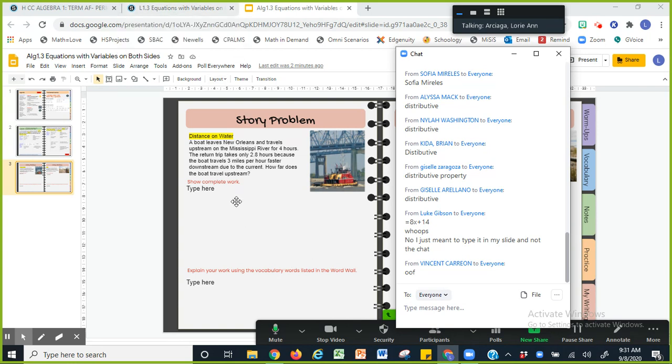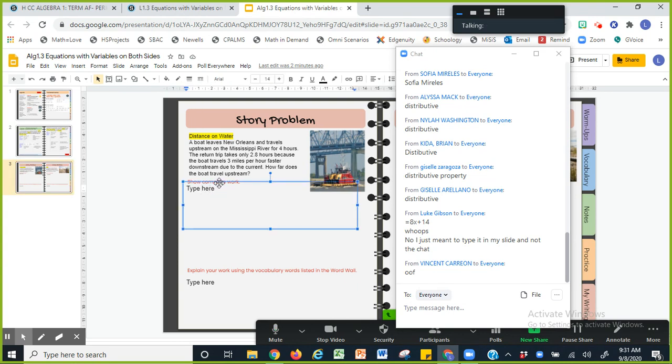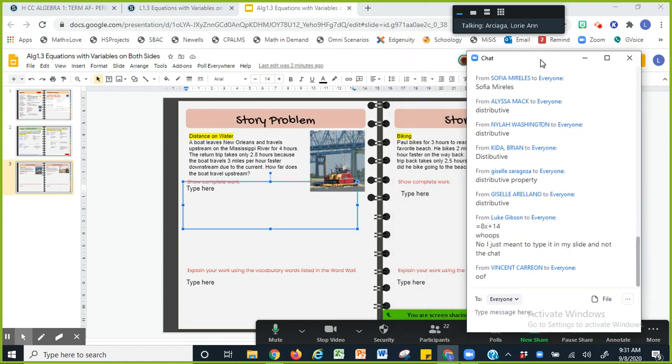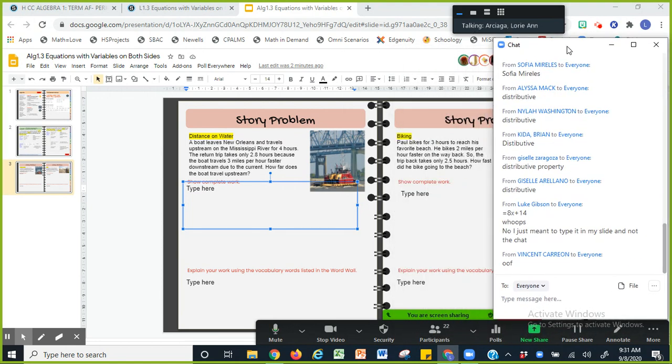Okay, so what is the problem about? Somebody type in the chat. Anyone? What is the problem about? A boat leaves New Orleans and travels upstream on the Mississippi River for 4 hours.